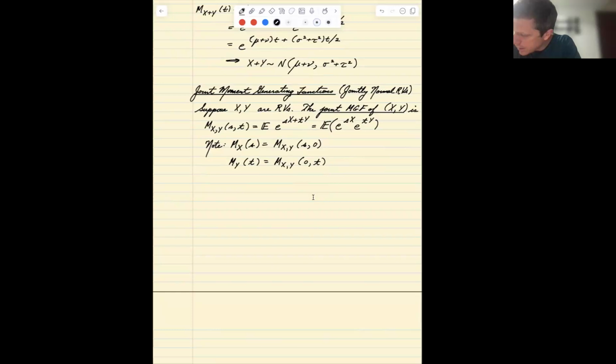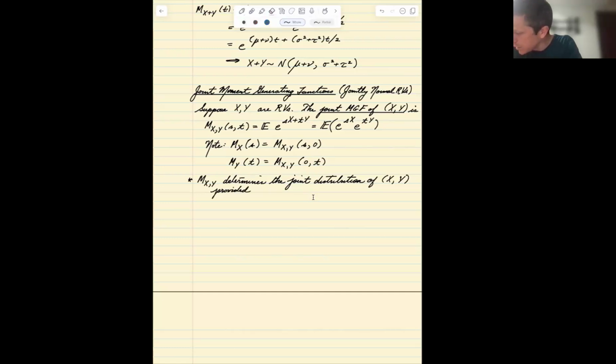So in this case, M_XY determines the joint distribution. Similar to the uniqueness theorem for univariate moment generating functions, we also have a uniqueness theorem for joint moment generating functions.